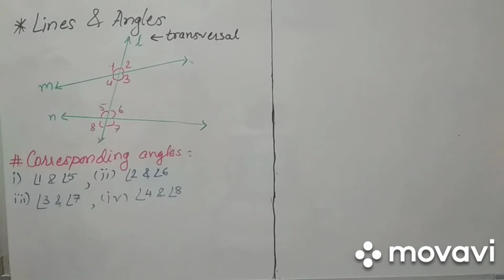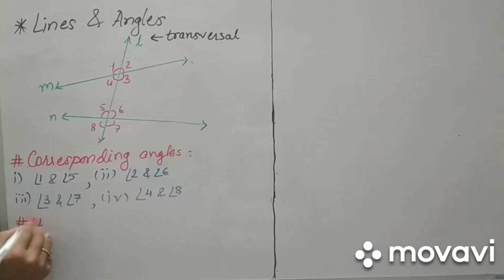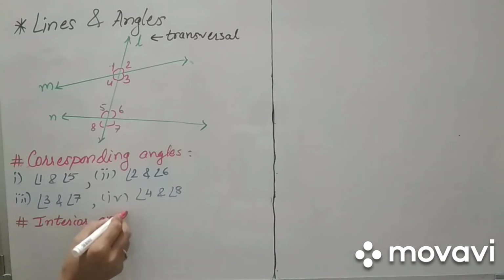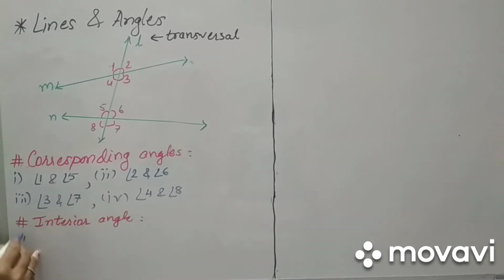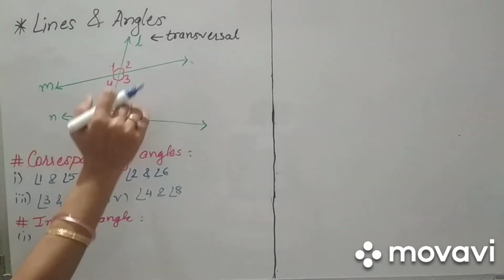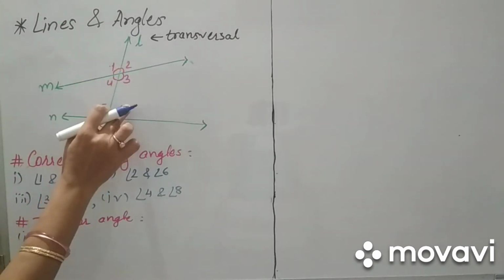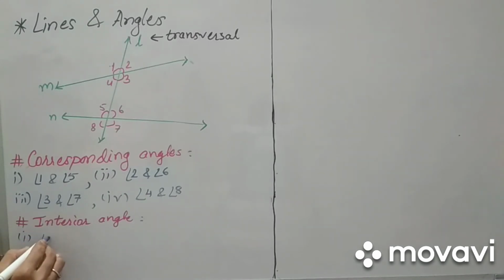In the same way, another type of angle is formed. It is interior angles. It has two pairs only. Interior angles means inside. So angle 3 and angle 6 is one pair.